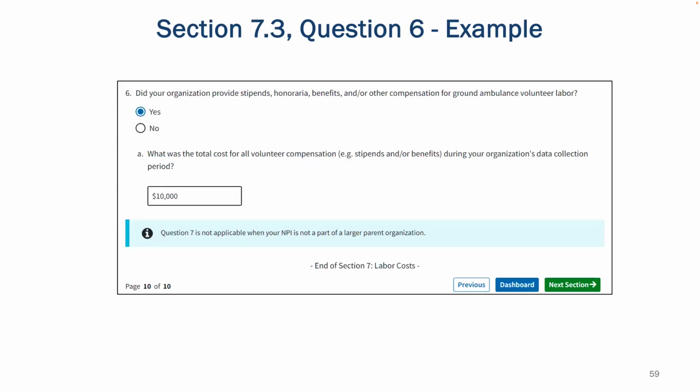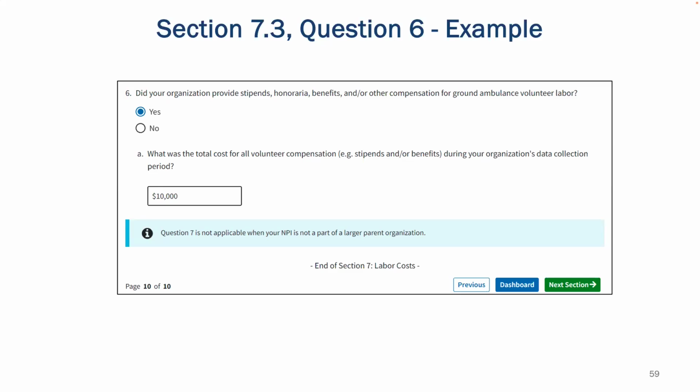Moving on to the next slide. Question 6 asks about stipends, honoraria, benefits, and other types of compensation for ground ambulance labor. This organization provides a $500 stipend to volunteers each year and paid $6,000 in workers' compensation insurance for the volunteers. $500 times 8 volunteer EMT basics equals $4,000.